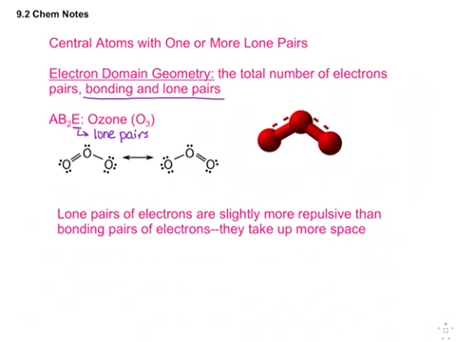And so ozone, which is O3, has one lone pair on that central oxygen. The lone pairs of electrons are slightly more repulsive than bonding pairs of electrons, meaning they take up more space. So your lone pair is up here, and it's going to push this bond and this bond as far away from that lone pair as possible. So we're going to get this bent structure.